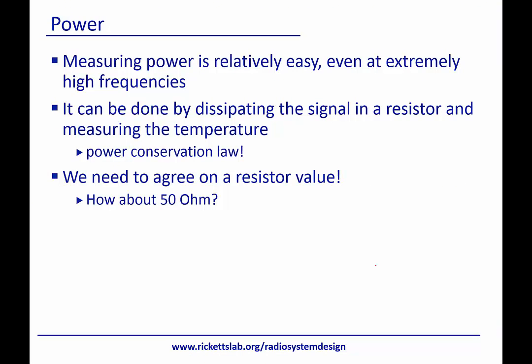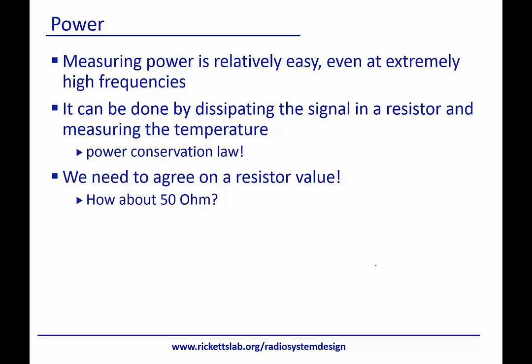And just a few things here. It's easy to measure. The easiest way to measure power is actually just by putting the signal into a resistor and measuring its temperature. And that's actually how we do it. We have a resistor, we put the signal in and we measure the temperature change, and that'll tell us how much power was in that signal.